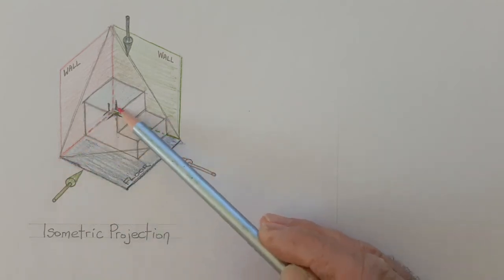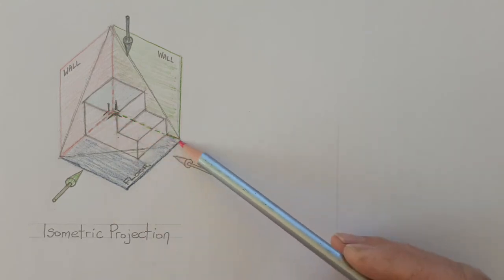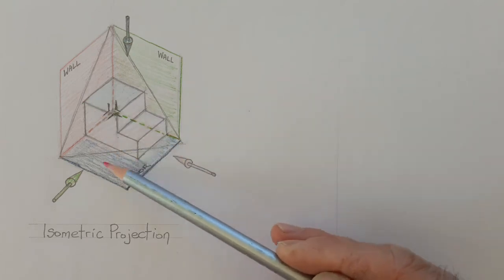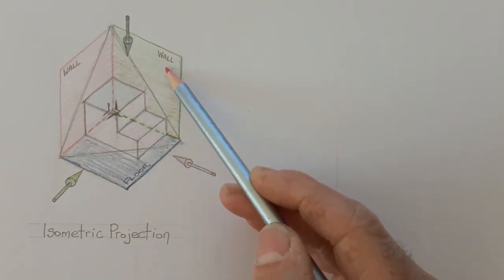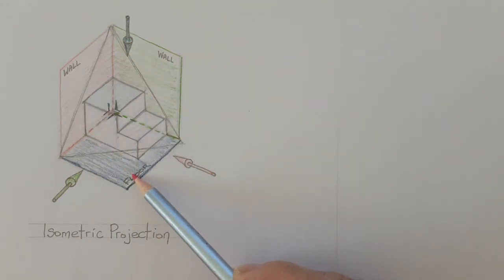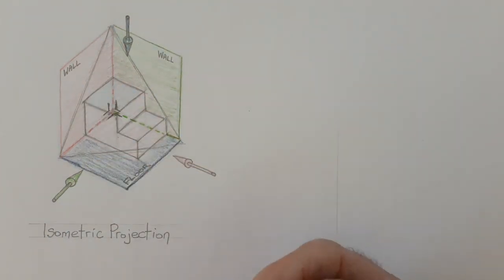The three axes are the three lines of intersection between the wall, the floor, the wall, and the wall and the floor. Now, I'm referring to these as walls and floors. Essentially, we have a vertical plane and a horizontal plane. But just to keep it simple, if you want to think of it as walls and floors, it doesn't make any difference. It's still going to be the same thing.